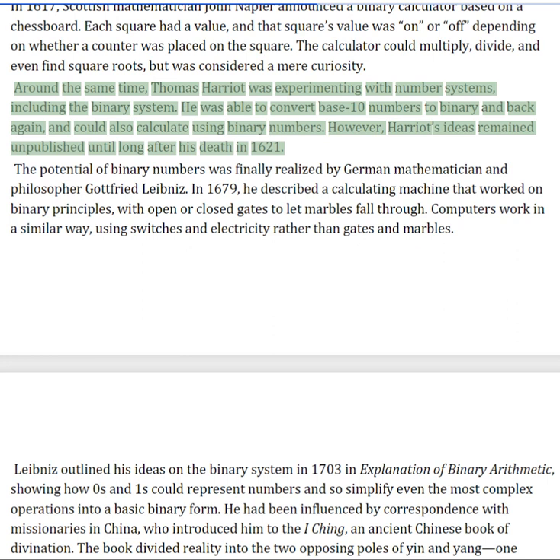Around the same time, Thomas Harriot was experimenting with number systems, including the binary system. He was able to convert base 10 numbers to binary and back again, and could also calculate using binary numbers. However, Harriot's ideas remained unpublished until long after his death in 1621.